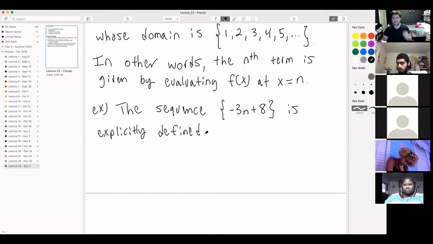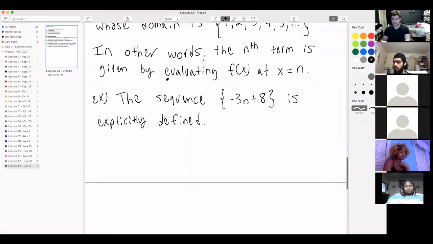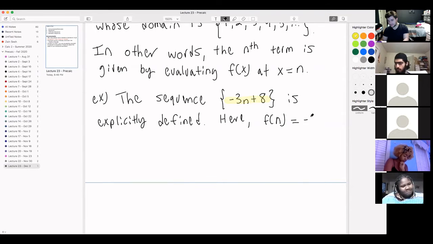So what's the function here? Look at the definition of what it means for a sequence to be explicitly defined. You need a function, and the function is simply this. It's literally negative 3n plus 8. So here, f of n is negative 3n plus 8.